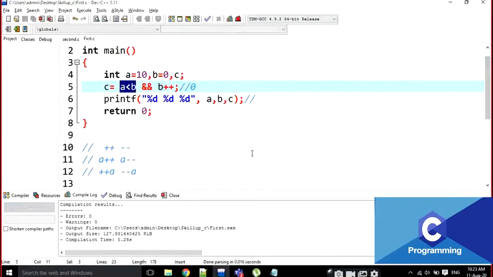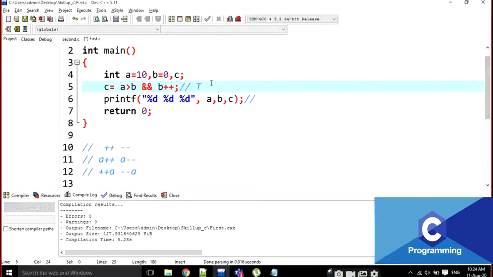If the first statement is true, then it goes to the second. If I am going to modify like this, that means this is going to be 10. 10 is greater than 5. Is it true or not? Yes, it is true. Then it is moving into B plus plus. What is B value? B value is 0 at this position. This is the post increment, that is not a pre-increment.